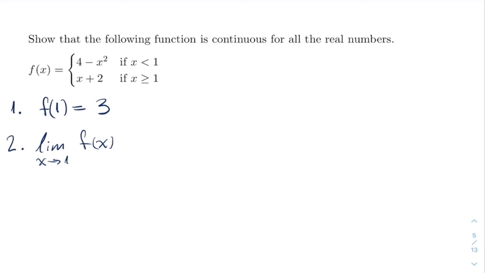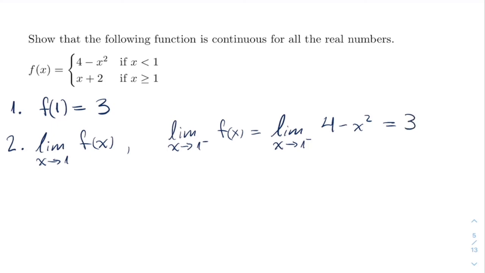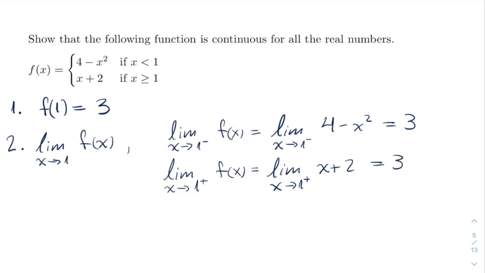In this case, we will have that the limit from the left of f of x is equal to the limit when x goes to 1 of 4 minus x squared, which is equal to 3. And we can do the same thing for the limit from the right, which will be the limit when x goes to 1 of x plus 2, which is also 3.